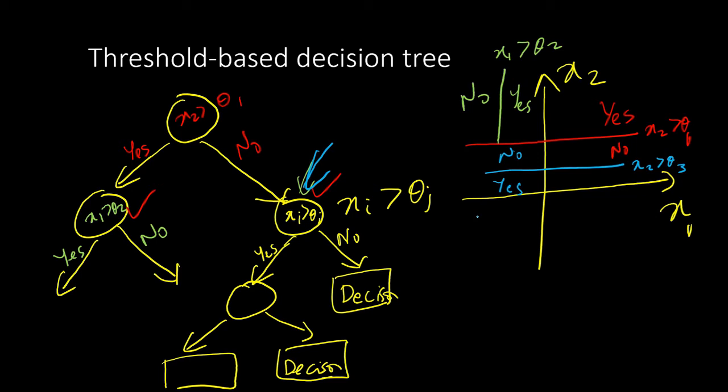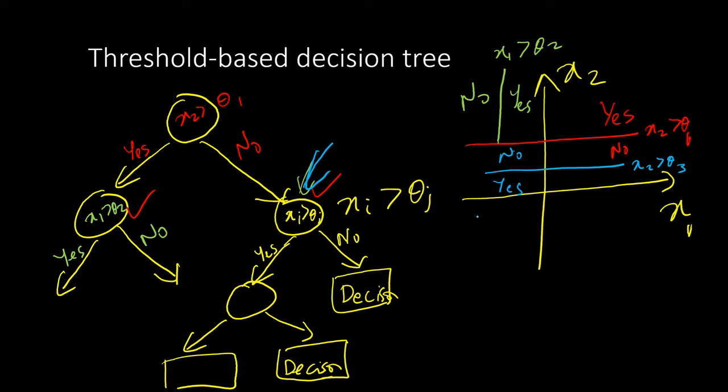Now the question is, what is a good way to choose which variable and what threshold we should have at every node? That is what the learning algorithm has to figure out. But what it is actually implementing is what you see on the right hand side.